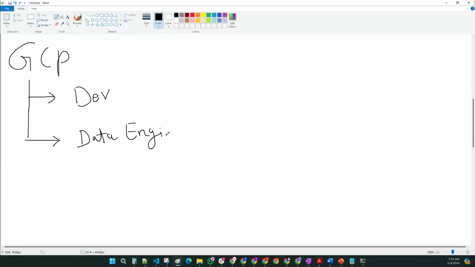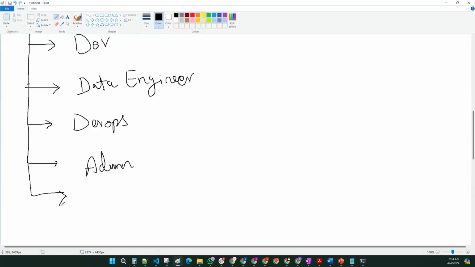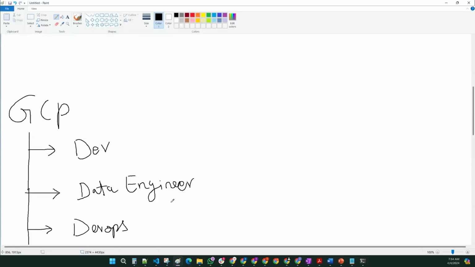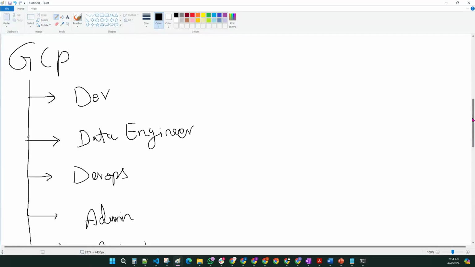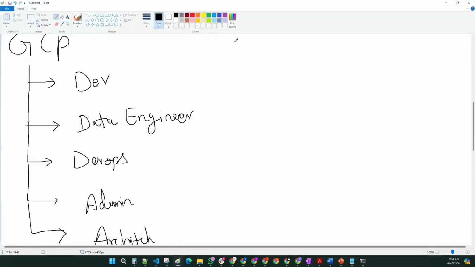In GCP also you will have data engineer, DevOps engineer, and admin, and you can also have architect. That's an advanced role. These roles are the same not only for GCP; wherever you go, even AWS or Azure, because these are the 3 leading cloud providers.